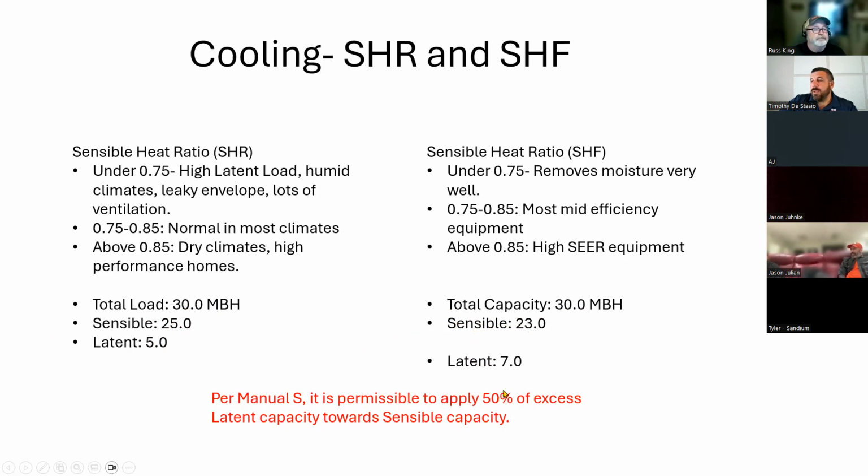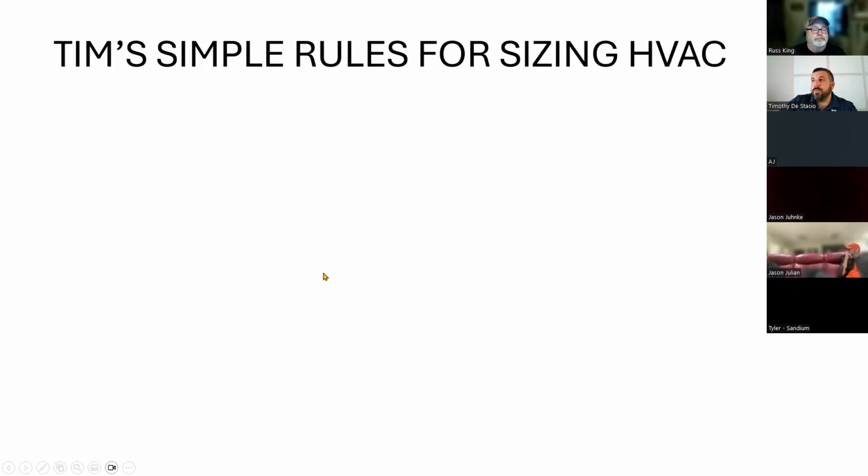What this is saying is that we can take this excess latent and apply it towards sensible capacity. Here's where my math is wrong, because it should be 50% of the excess, not 100% of the excess. But essentially we can take half of the excess, half of the 3.5, and apply it towards our sensible. And so we'll actually be really, really close to our sensible load. So it gives us just a little bit of confidence that we're going to be okay on a hot day.